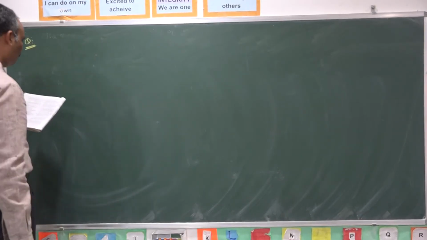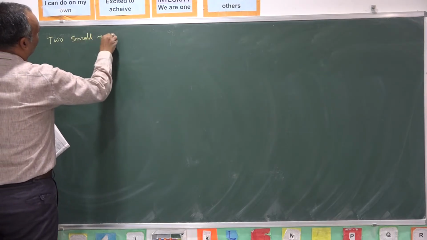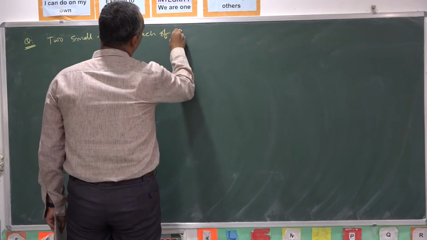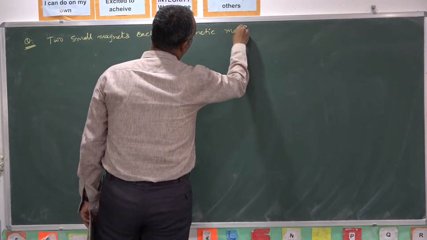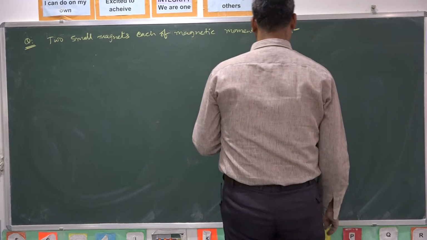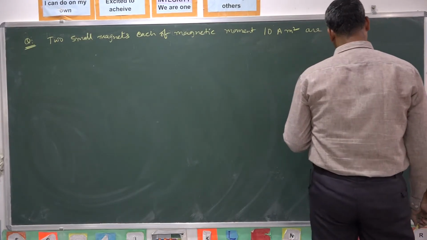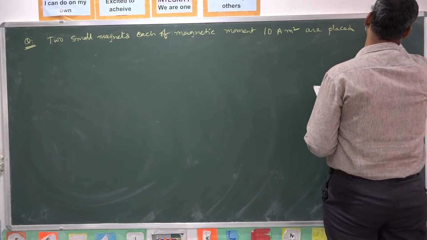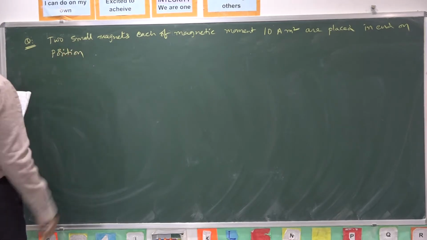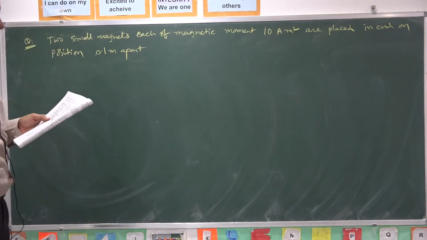The question: two small magnets, each of magnetic moment 10 ampere meter square, are placed in end-on position, 0.1 meter apart from their centers.